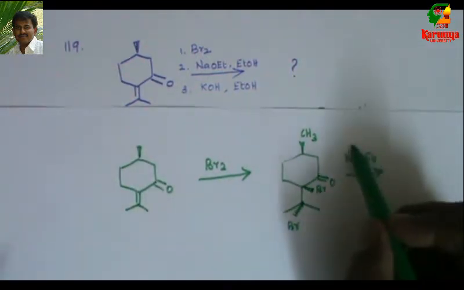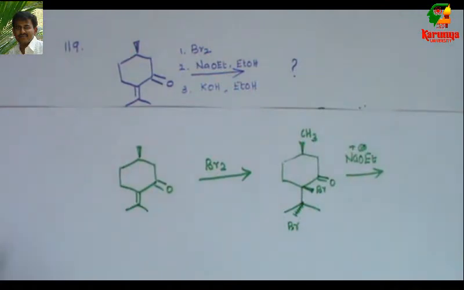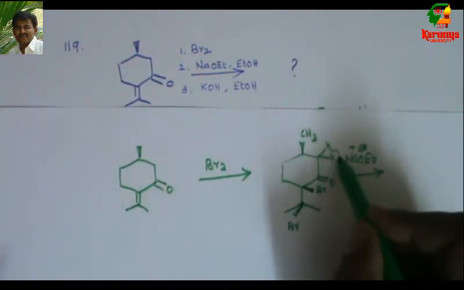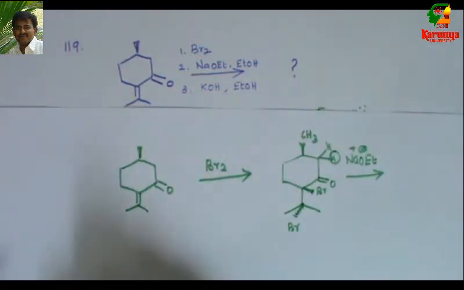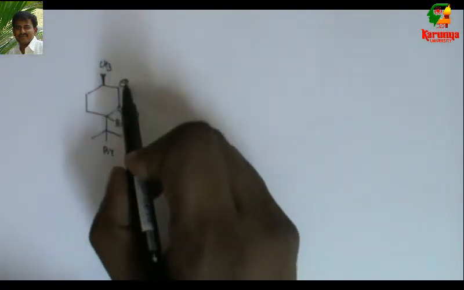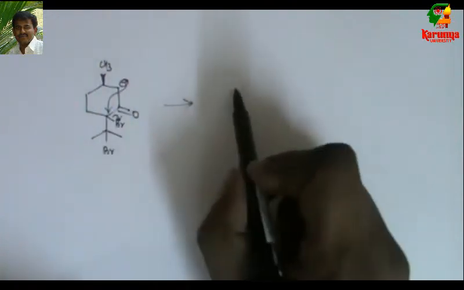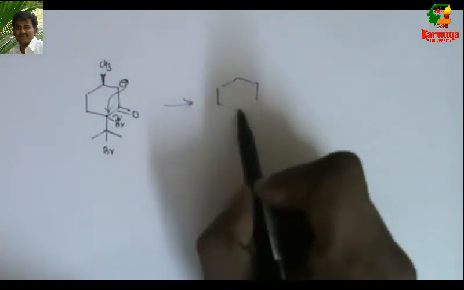When it is treated with sodium ethoxide, it abstracts one of these two protons to give the anion. This anion attacks this halogen to give a bicyclic compound.